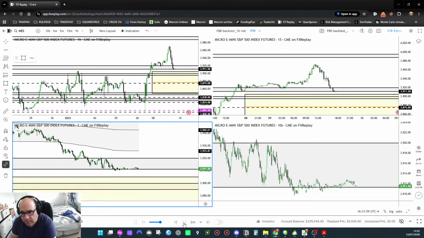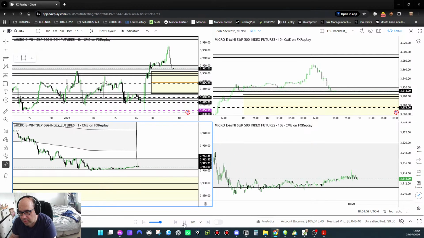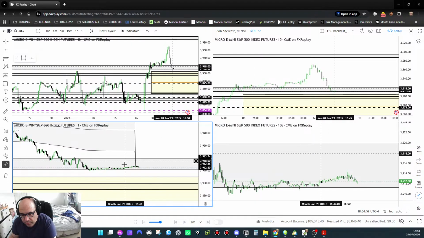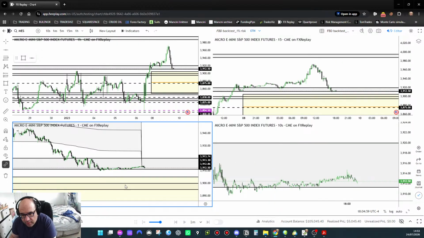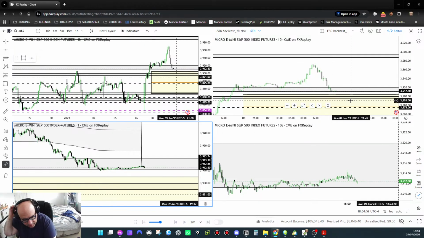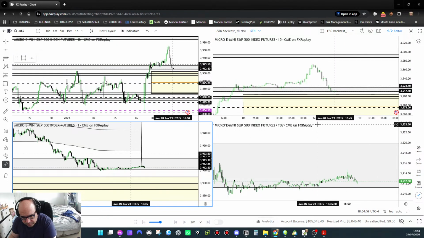So let's continue now and see. Okay, so we see now. See, there was a small attempt right here for a breakdown, but this is nothing significant. So I'm just looking probably at the bounce of the previous DVA high and to return and break out of the zone again.